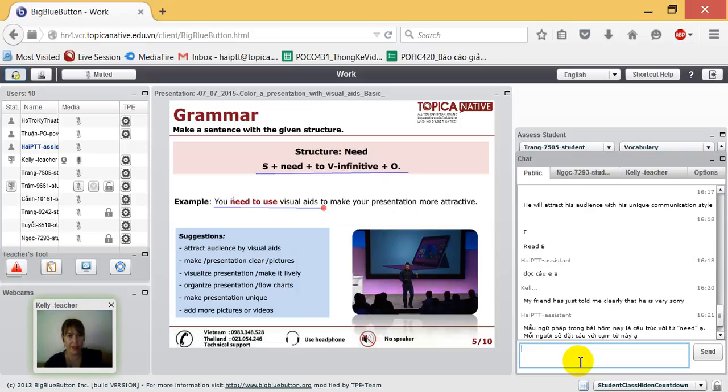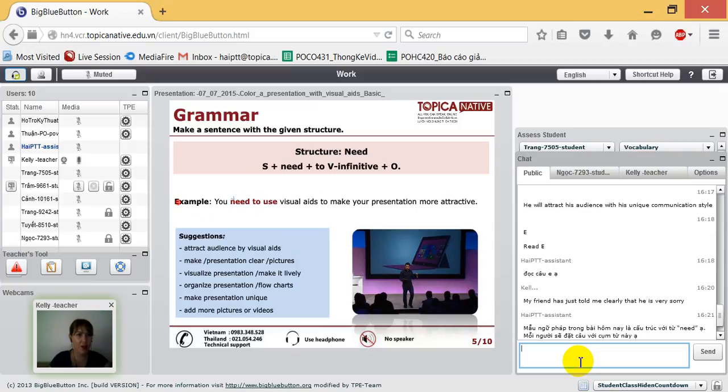But we could also say, you need to add better music to your presentation to really attract your audience. All right, so we can get creative and come up with our own sentence, or there are some suggestions here on the slide.